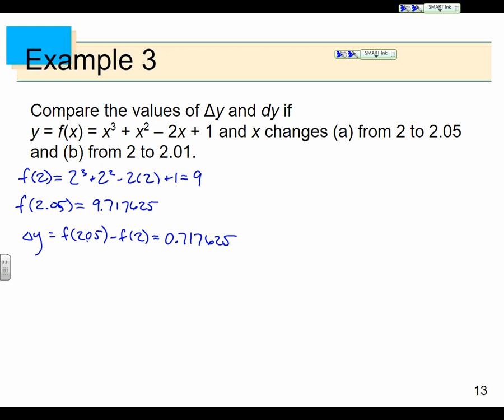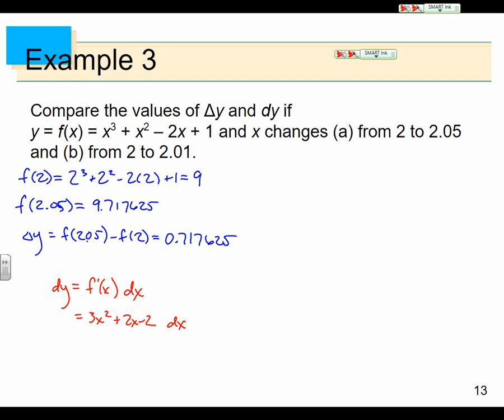So let's talk about the differential here. My goal is to get something close to that. My differential dy is going to just be f prime of x dx. Well, f prime of x is going to be 3x squared plus 2x minus 2 times dx. And what we're interested in is whenever x was equal to 2.